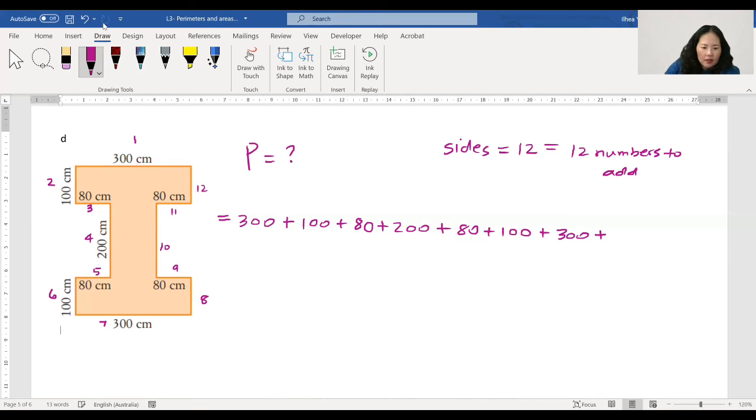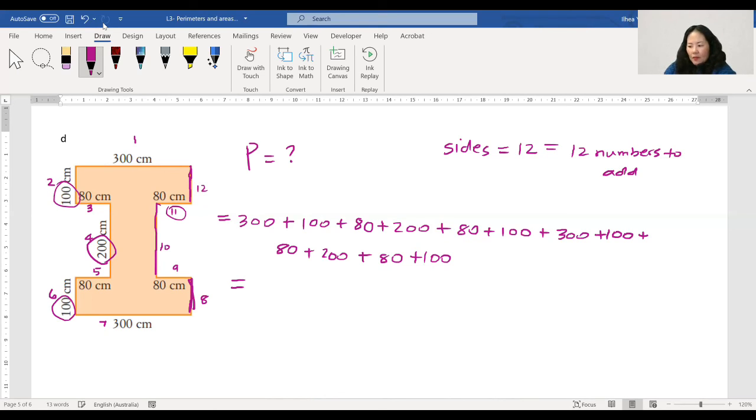Now, where is number 8? That's the same as 100. So 100 plus number 9, I've got 80, plus number 10, same as 200, plus 80. That's number 11. And then 12, the last one, is the same as 100.